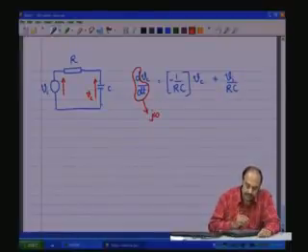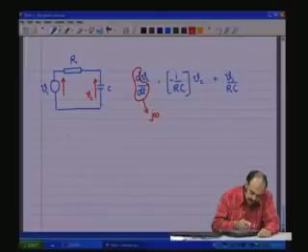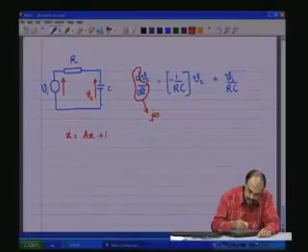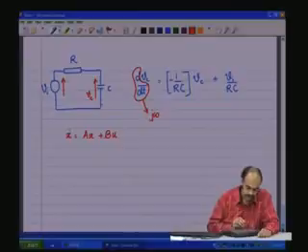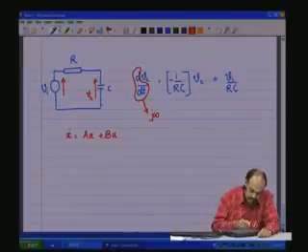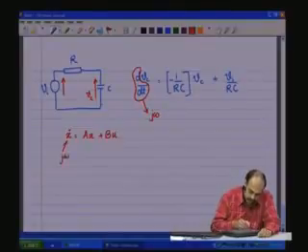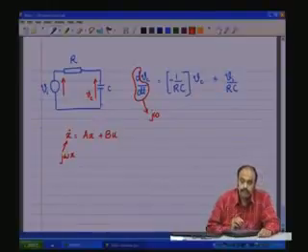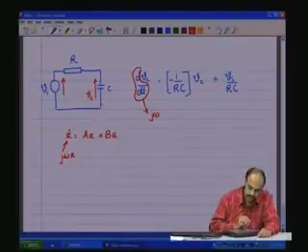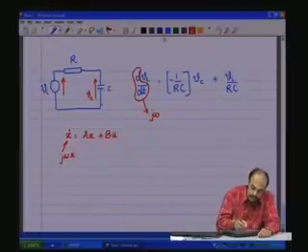In fact, for whatever be the system which is represented as x dot, which is equal to Ax plus Bu, the dynamic equation part of the state equation, you can replace this by j omega x. That is what we are trying to do here.